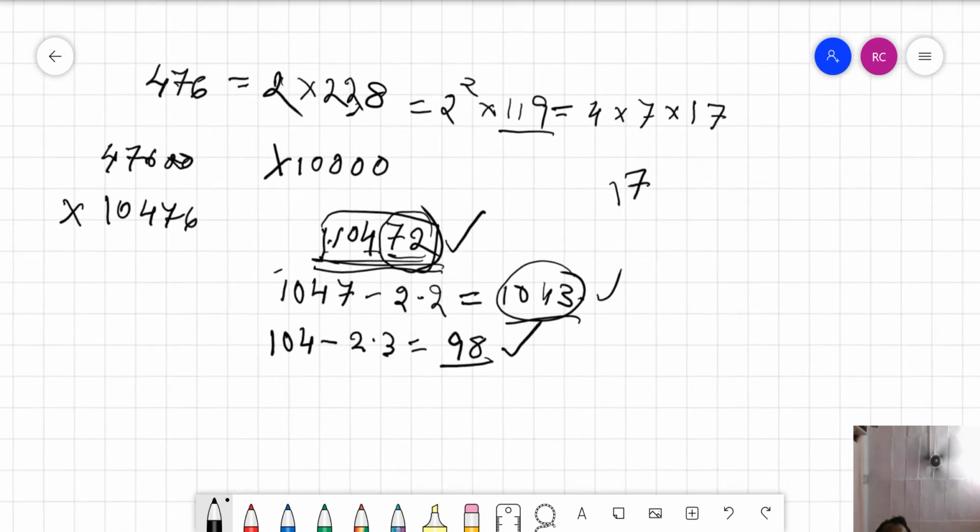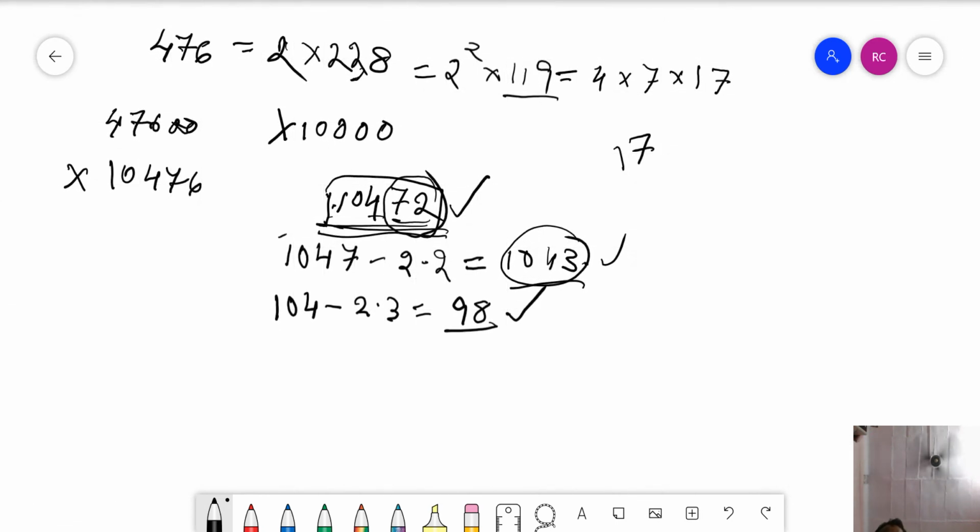In this case the osculator is 5. So 10472, 1047 minus 5 into 2 is 1037. Is it divisible by 17?